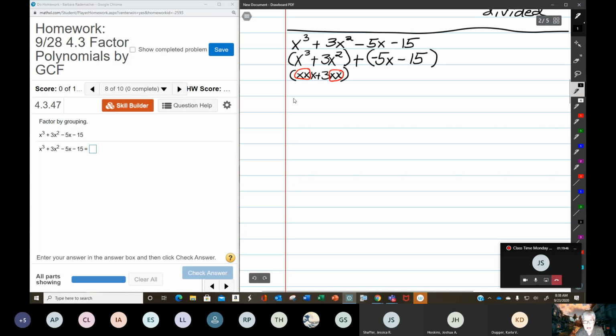And I will write that out in front because that's what you do with a GCF. And then write open parentheses for the leftovers. And I'm going to mark out what I've circled so I don't use it again. And then I'm going to write down the leftovers, x plus 3. And the first part's done.